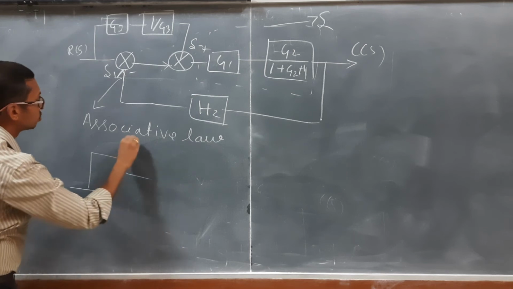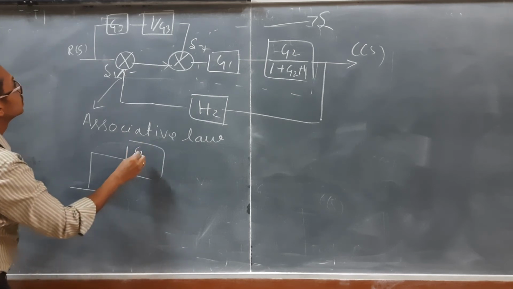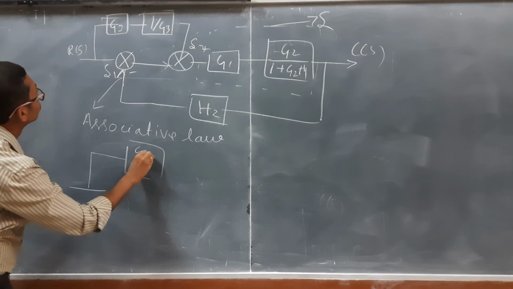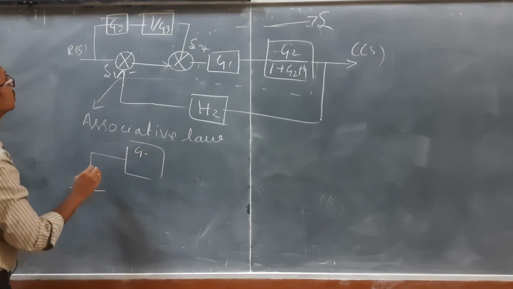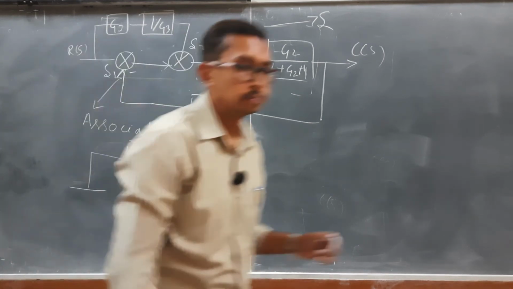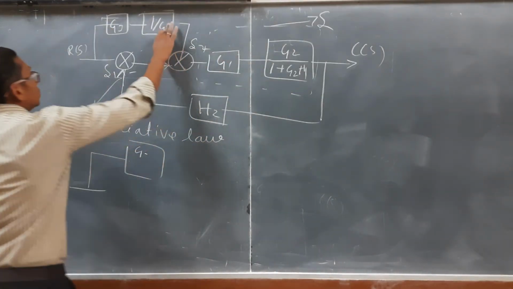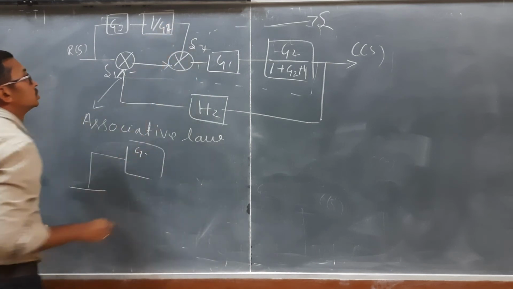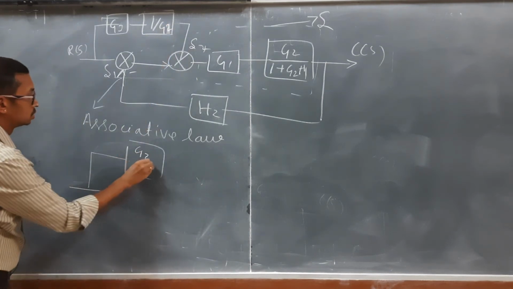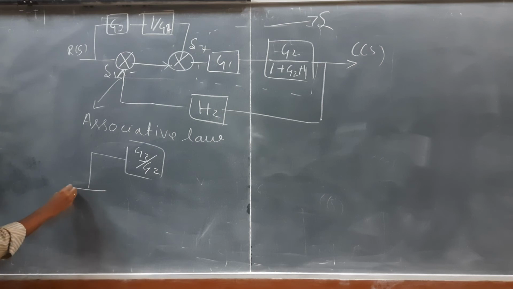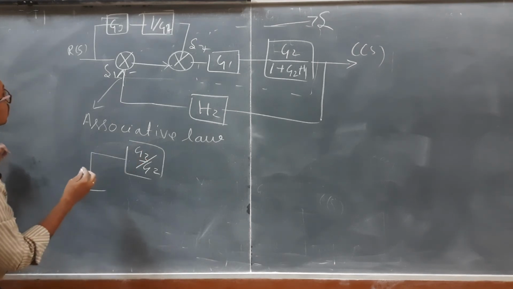So this is written as what? G2, right? This one is the 1 by G2. So it will be G3 by G2. Okay, G3 by G2. I am just going to interchange that one.